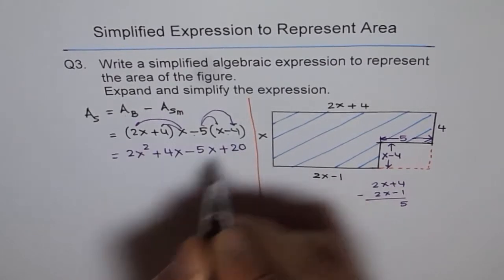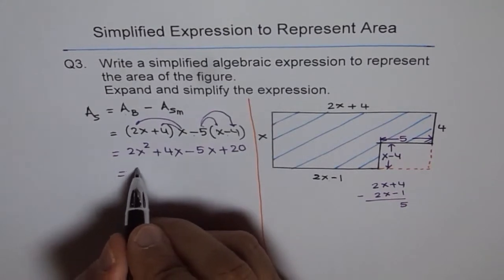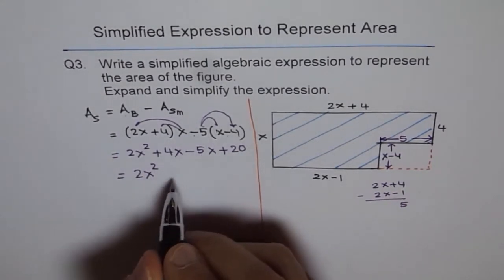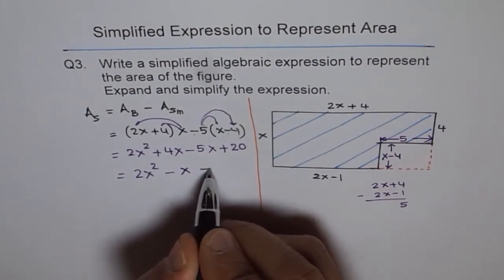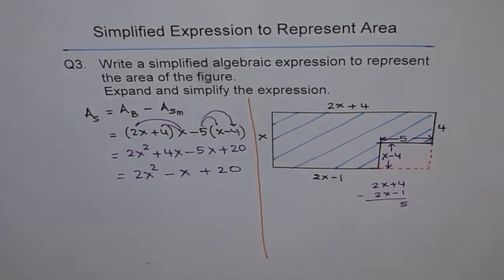Then we combine the like terms and we get 2x squared, and plus 4x and minus 5x give minus x, plus 20. So that is the simplified expression for this area. That is how we can do it.